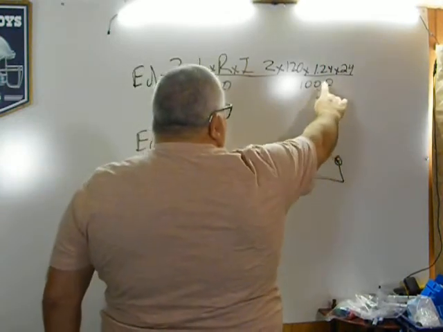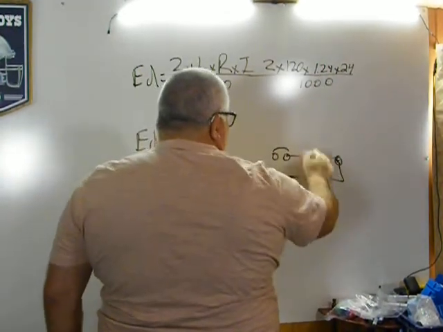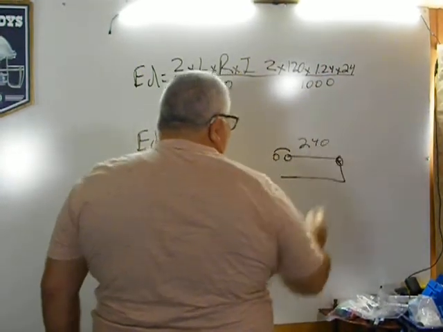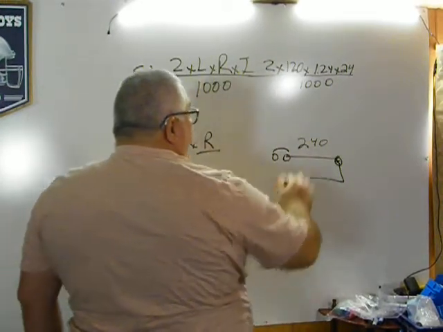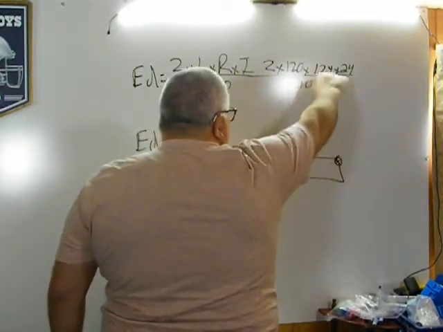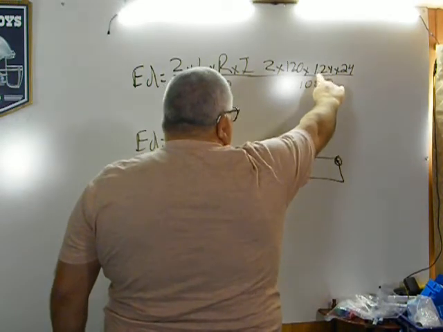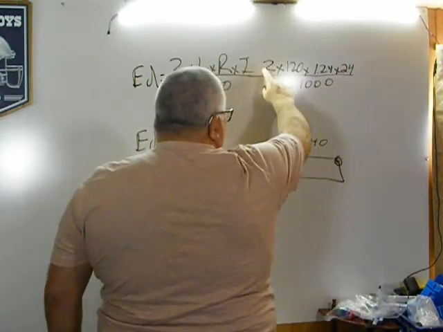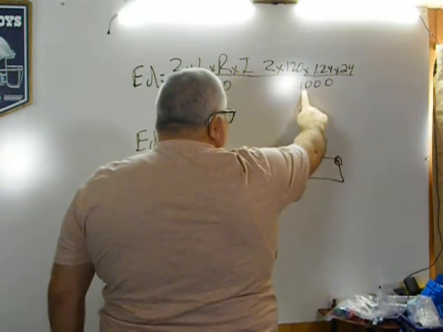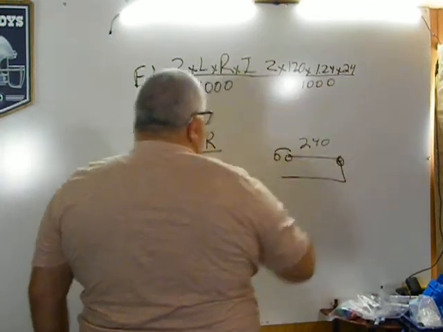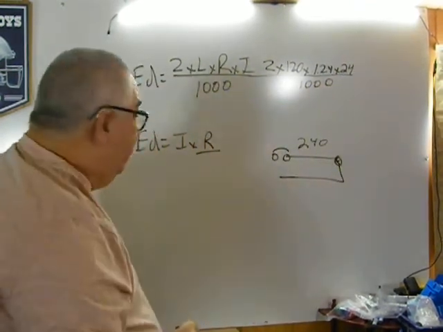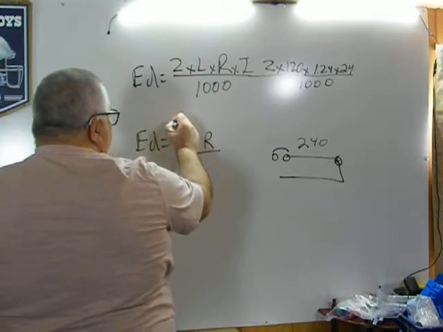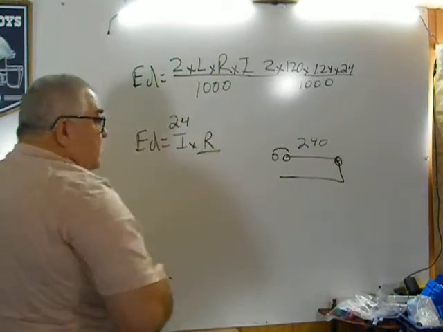So what we have to do is find the resistance of the 240 feet of wire. Within this formula, we're getting the resistance and the length, multiplied by 2 divided by 1,000. But we're also adding the amperage to give us our voltage drop. So that 24 would go here.